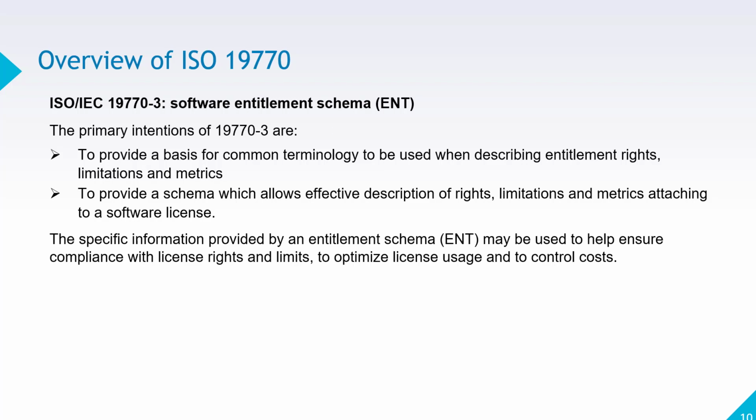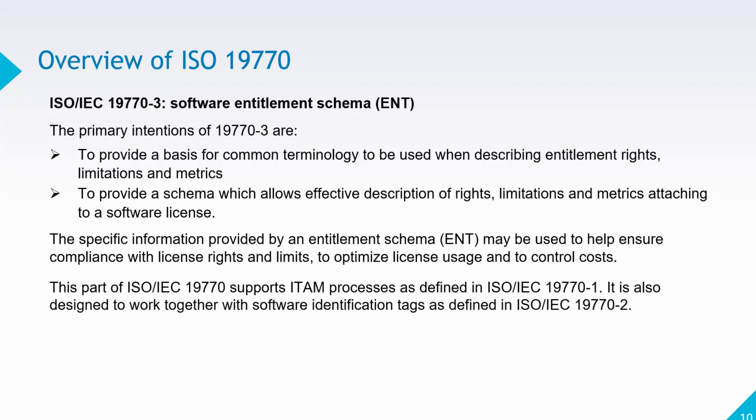The specific information provided by an entitlement schema may be used to help ensure compliance with license rights and limits, to optimize license usage, and to control costs. This part of ISO 19770 supports ITAM processes as defined in ISO 19770-1. It is also designed to work together with software identification tags as defined in ISO 19770-2.